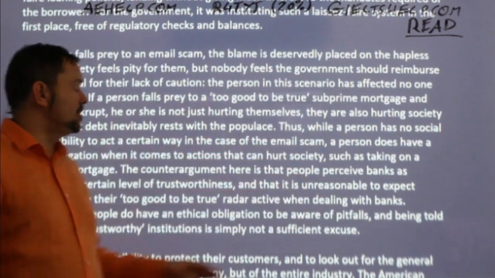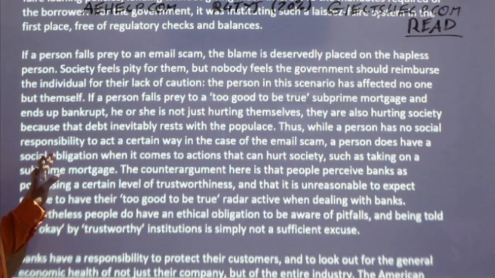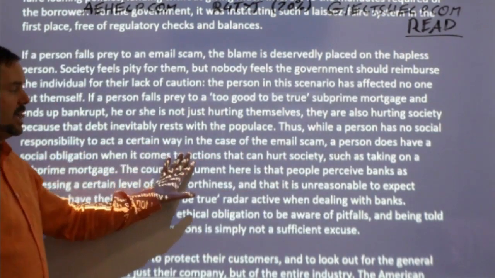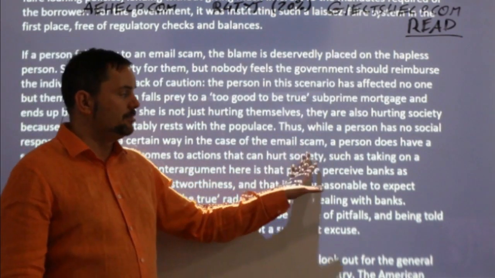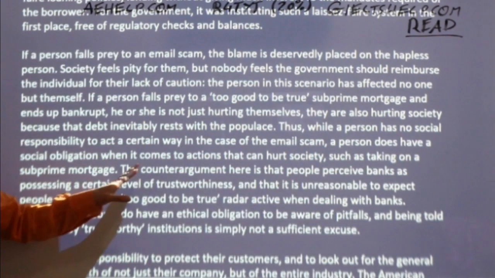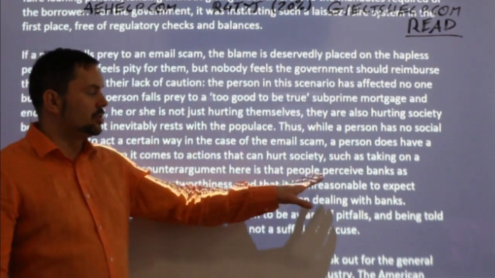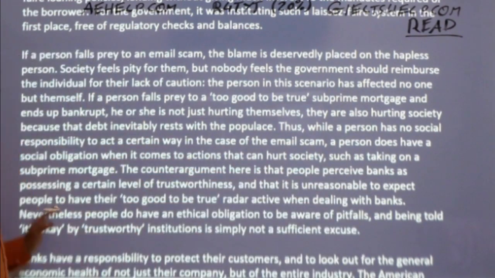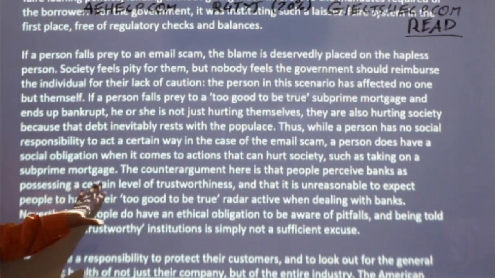Thus, while a person has no social responsibility to act a certain way in the case of an email scam, a person does have a social obligation when it comes to actions that can hurt society, such as taking on a subprime mortgage.